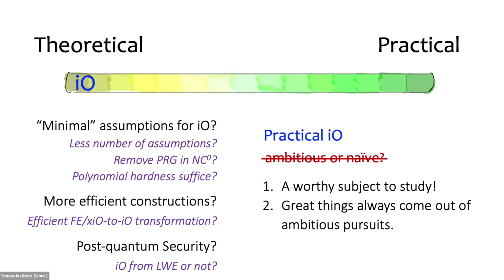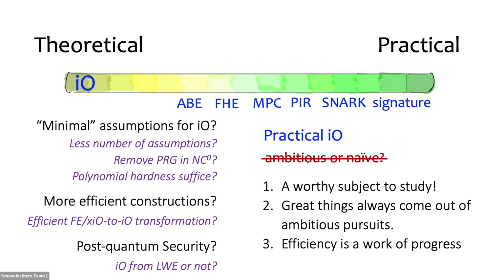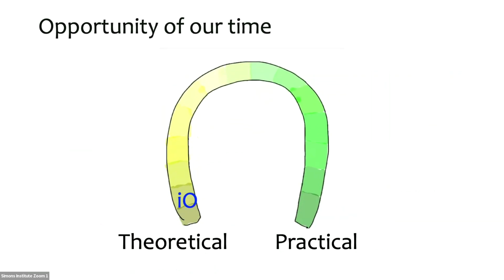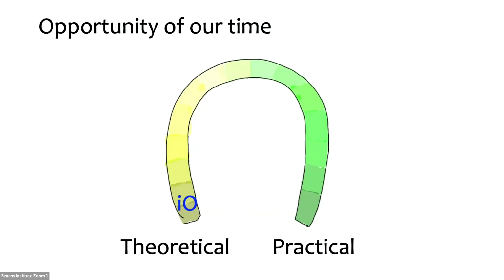Even if we don't get there, there will always be side outcomes. Lastly, we're familiar with the fact that efficiency is a work in progress. All of the cryptographic tools are on a spectrum, and over time, they're all moving towards practice.